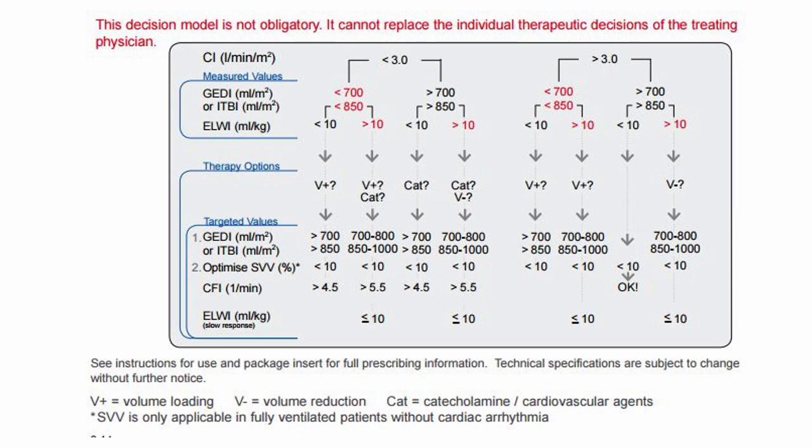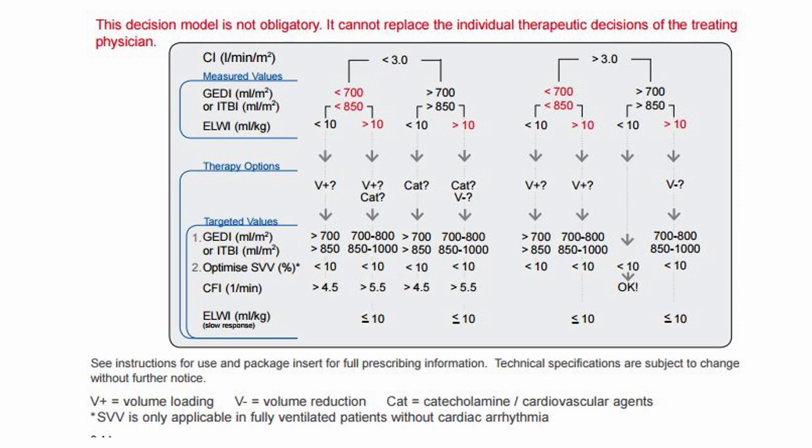and essentially it gives you two options. One is, is the cardiac index low or is it high? Or is it okay? And if your cardiac index is low and your GEDI is low, you probably need to give them some fluid. If your cardiac index is low and your GEDI is low, but your ELWI, or extravascular lung water index, is high, this is a measure of how much fluid is in the lungs, you might want to give them some fluid, but you also might want to give them some catecholamines or some inotropes, vasopressors.